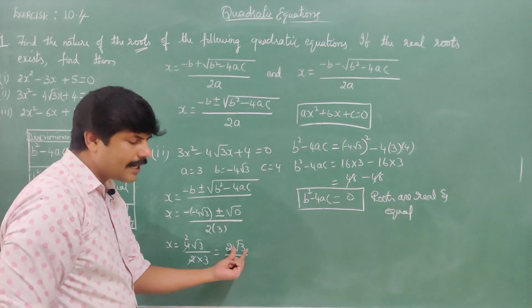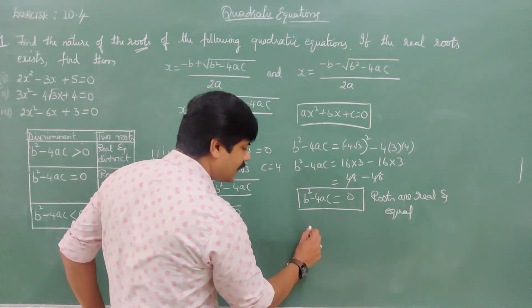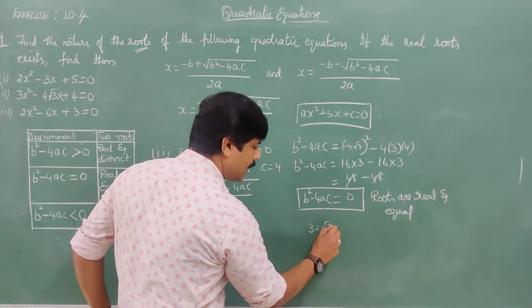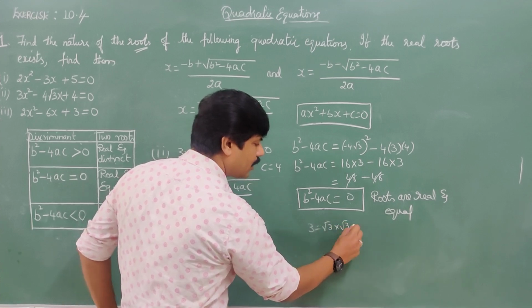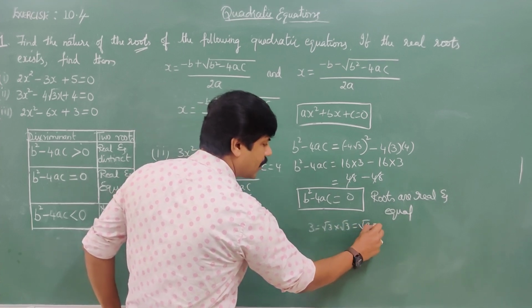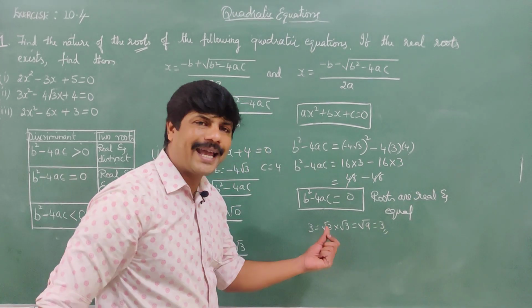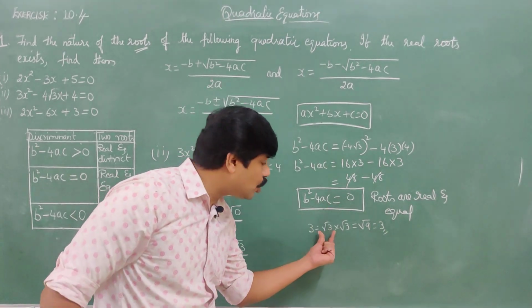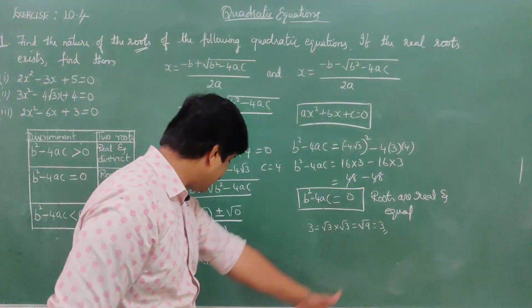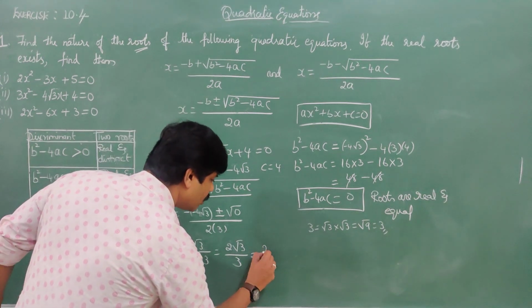Understand? So 3 and root 3 are there. You know very well that 3 is nothing but root 3 into root 3. Root 3 into root 3 is nothing but root 9, whose value is nothing but 3. So you can write 3 as root 3 into root 3. That's what I'm going to do here.